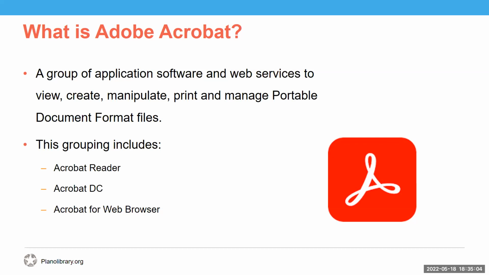Now, you have Adobe Acrobat DC, which is the paid version from Adobe that allows for extra features such as creating and editing PDFs, adding multimedia elements, adding form fields, and adding interactive elements. The DC stands for Document Cloud. And Acrobat for web browser, it's the web browser view.